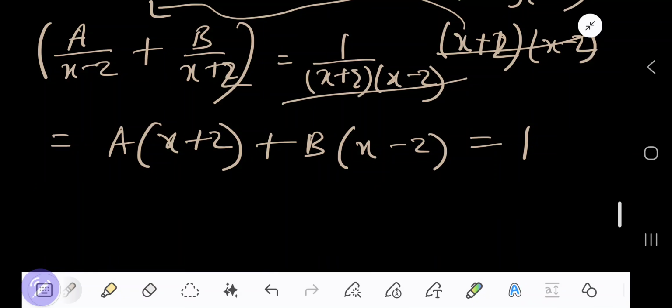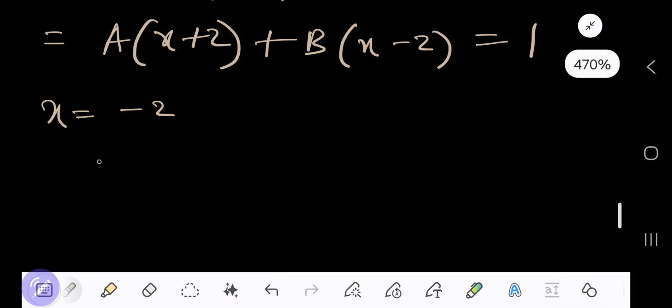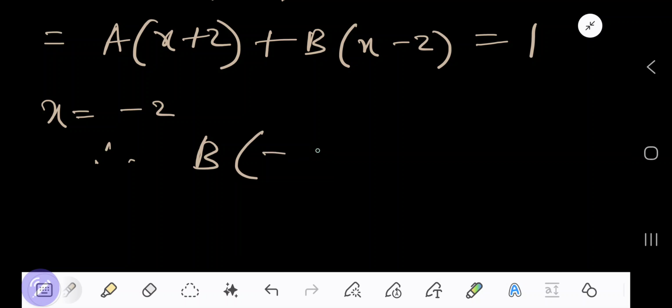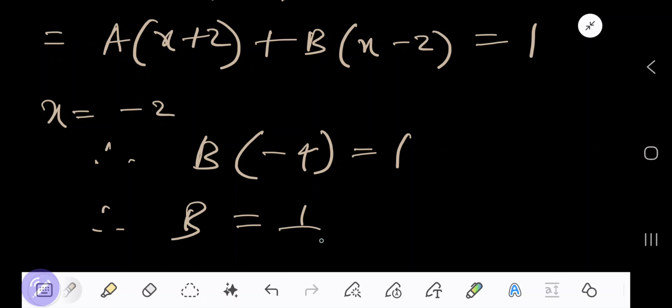Now to find the values of a and b, you sub in values of x. First we'll have x equals minus 2. So therefore a becomes 0 and b times minus 2 minus 2, which is minus 4, equals 1.